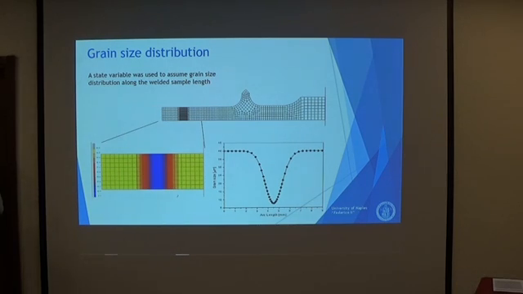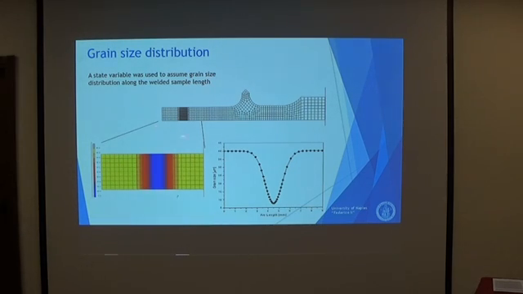And in order to simulate the cross-weld behavior, the most important thing is to introduce as an input in the model a state variable to assume a grain size distribution along the gauge length of the samples.